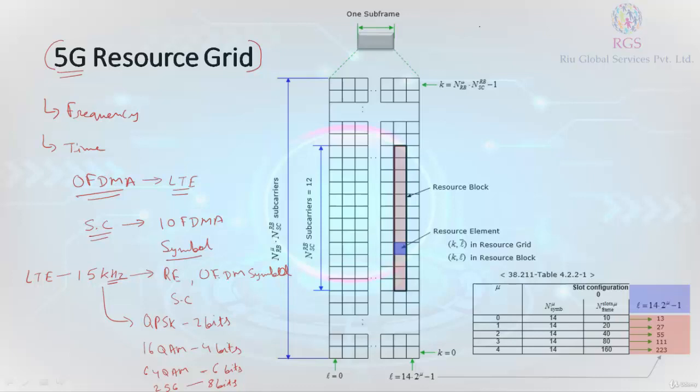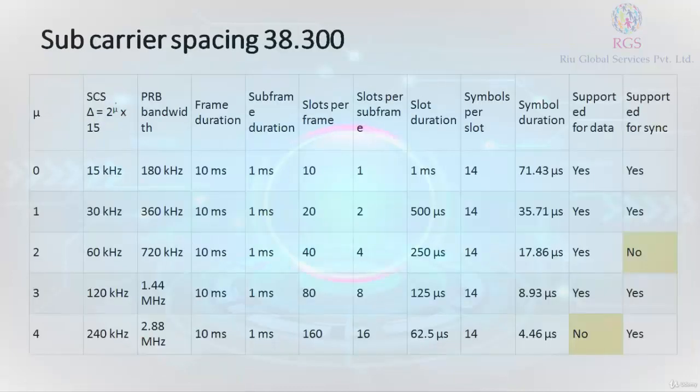But in case of 5G, we have a concept called numerology. What is the meaning of numerology? I think this is a good image which will explain everything. I've taken this table from the 3GPP specification 38.300.